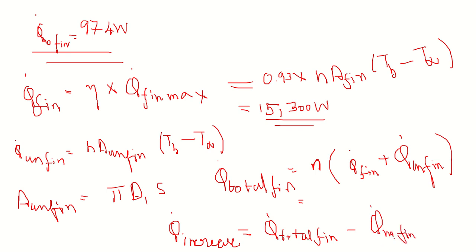With that I will get the increase in the rate of heat transfer. In our case we found the value to be around 1.74 or something, because my answers are a bit mistaken, I don't know.